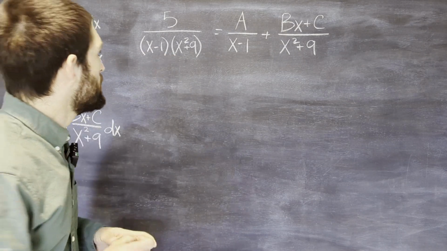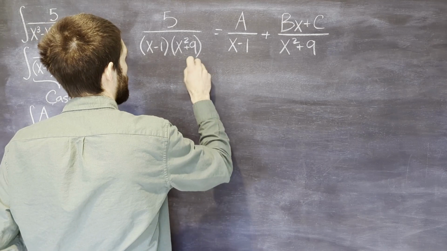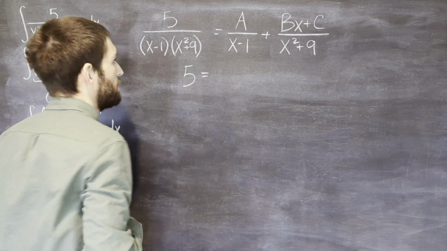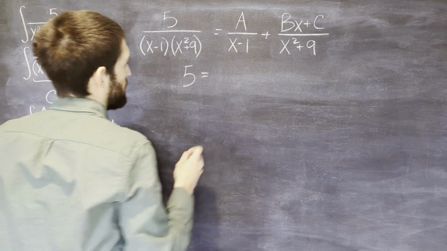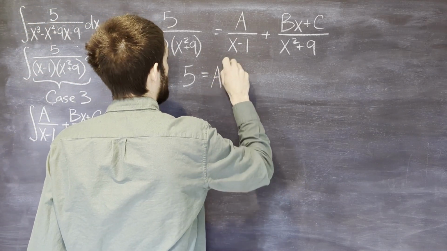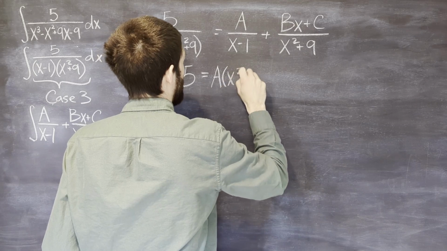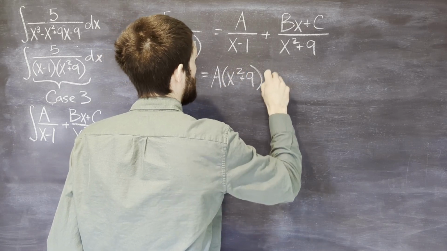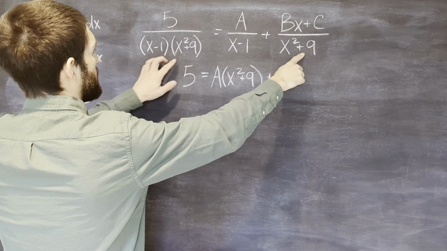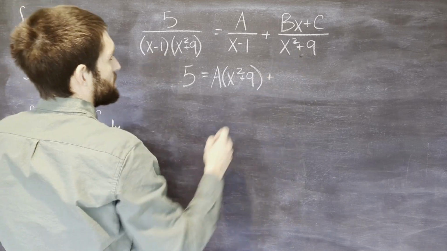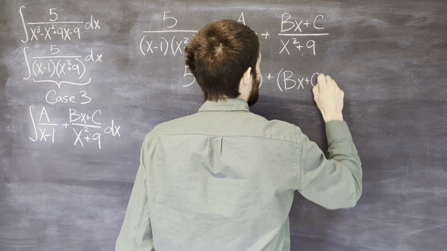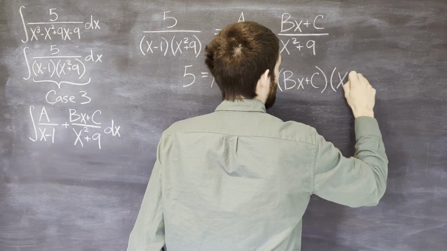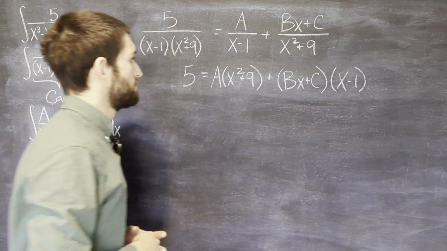The left becomes just 5. Multiplying the first fraction, x minus 1 cancels, giving us a times x squared plus 9. Multiplying the second fraction, x squared plus 9 cancels, giving us bx plus c times x minus 1.